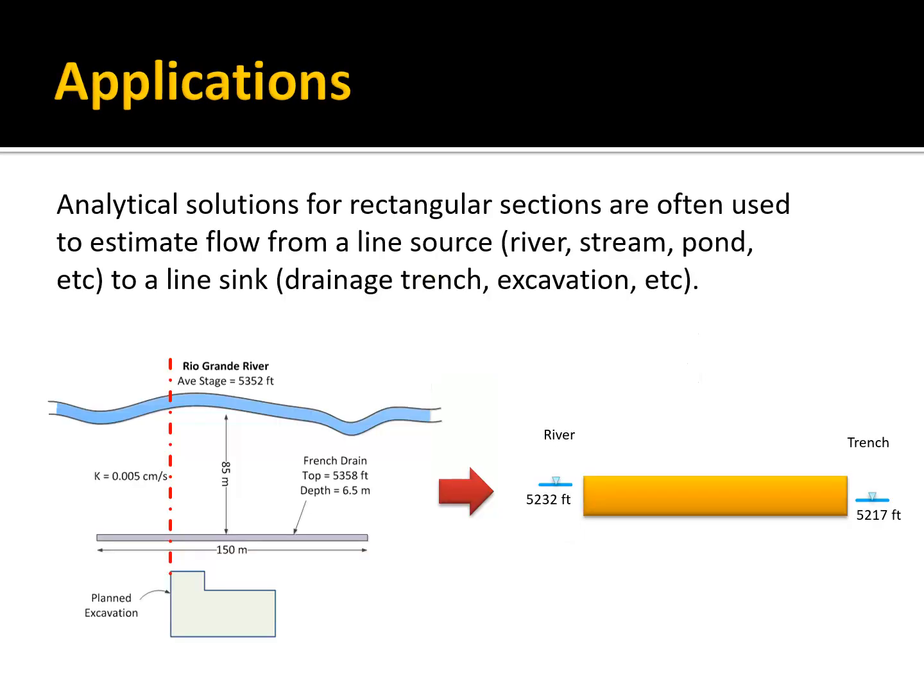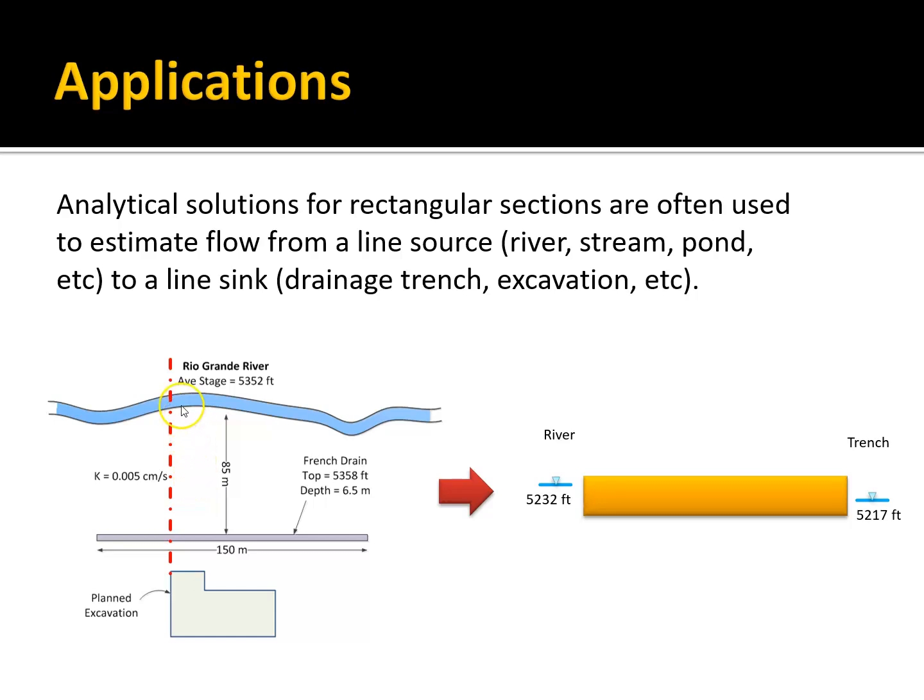All right, again, applications for this. Analytical solutions for rectangular sections are often used to estimate flow from a line source to a line sink, for example. And this is actually a homework problem that we'll be doing a little bit later in the semester. Suppose we're going to do an excavation here. We have a river that's 85 meters away, and we're going to dig a trench here and do a French drain to lower the water table.